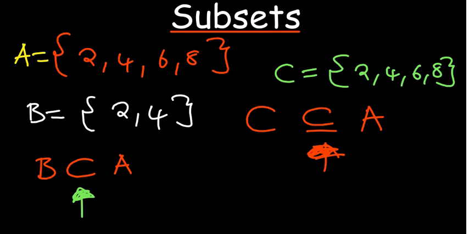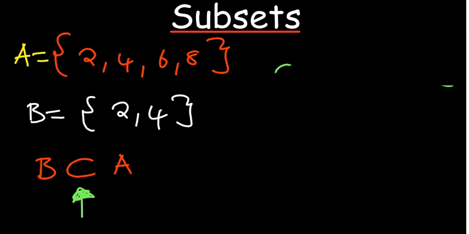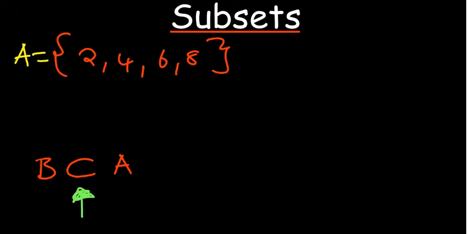So we can clearly see that C is an improper subset of A because all its elements are part of A and there's no other element which is outside C. So that's what we need to understand. That is the difference between a proper subset and an improper subset. C is an improper subset. B is a proper subset of A. The other way you can think of an improper subset is by looking at the number of elements being equal or the same. That's what we're calling an improper subset of another set.